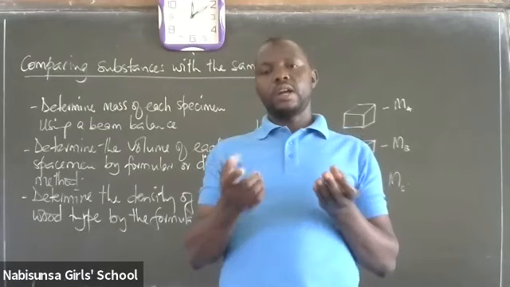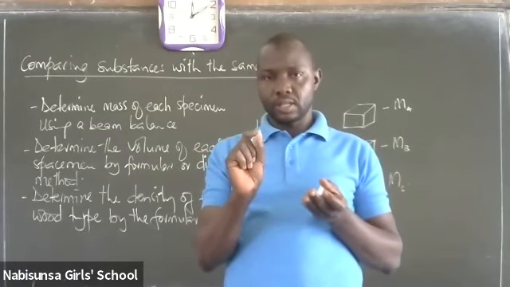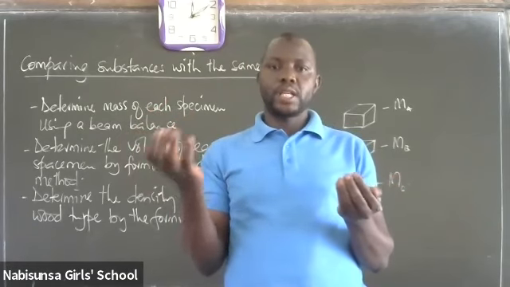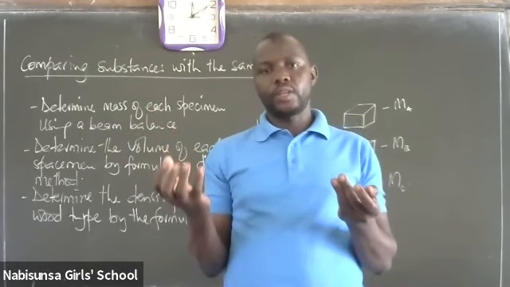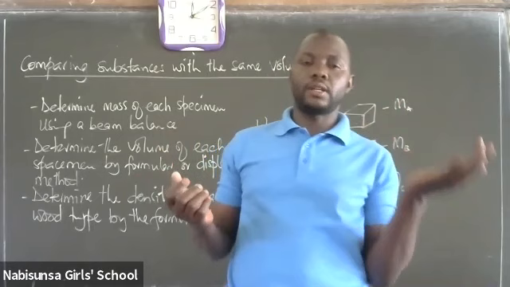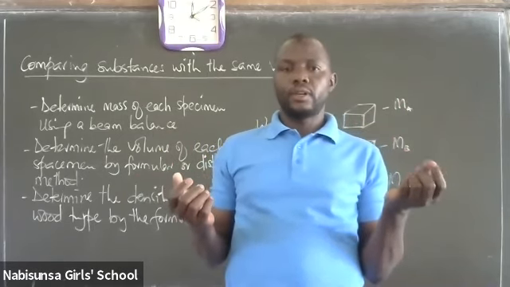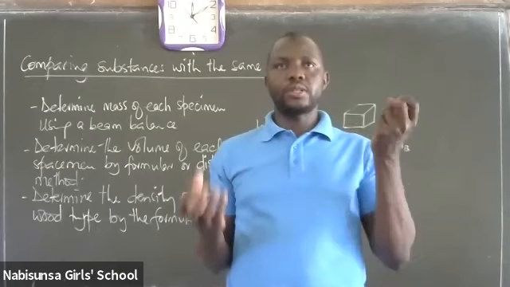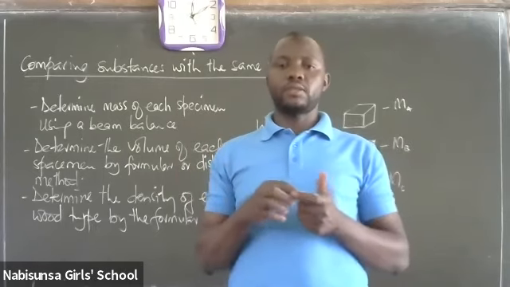Now we said the challenge with this is that supposing this sample by size or volume is bigger than the sample in this hand, will it be a correct basis to say the one which is heavier is the best quality?